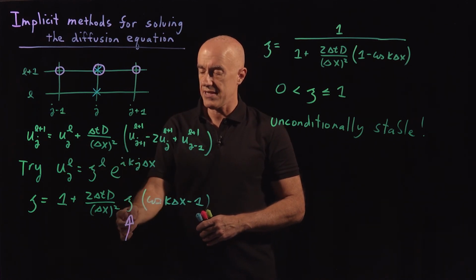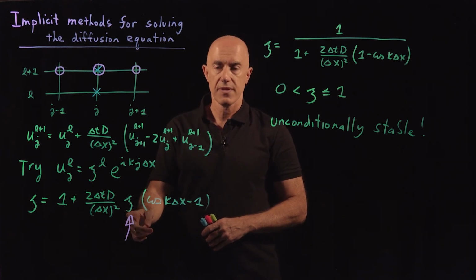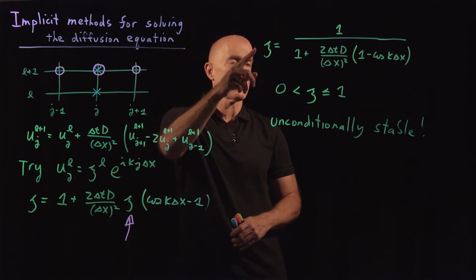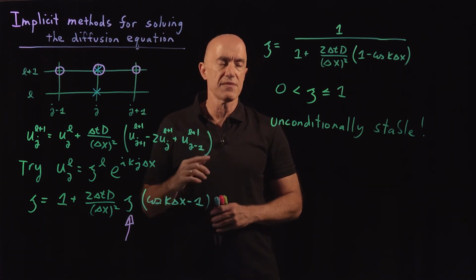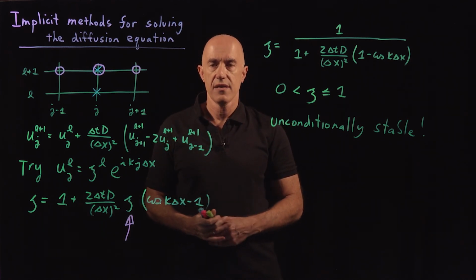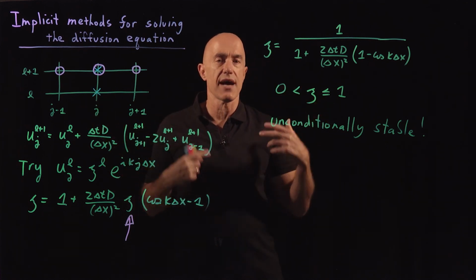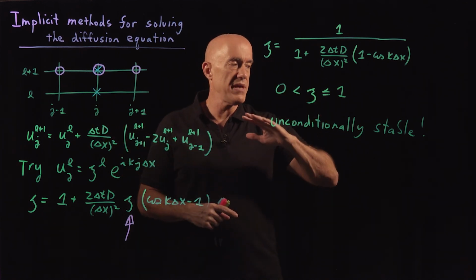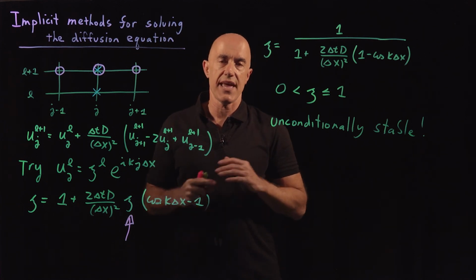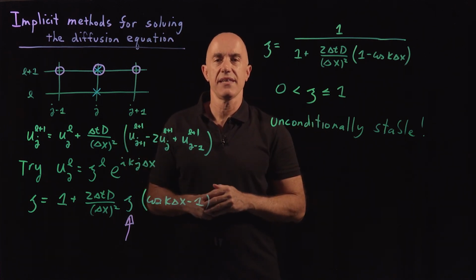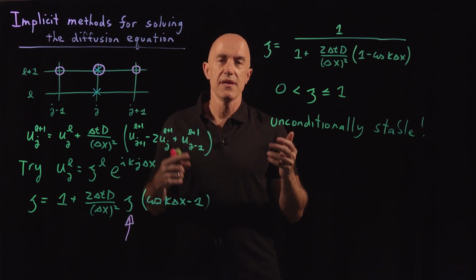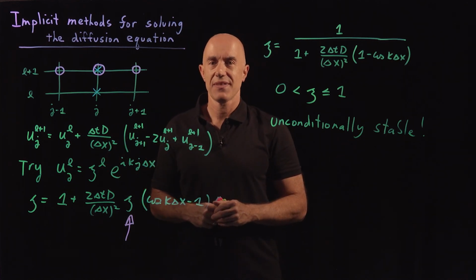That introduces an extra factor of psi that wasn't there before. So then we have to solve for psi, and we show that psi never has magnitude larger than 1. So this scheme, no matter what time step you take, will be unconditionally stable. That's a better situation to be in than to be in a scheme that can blow up on you.